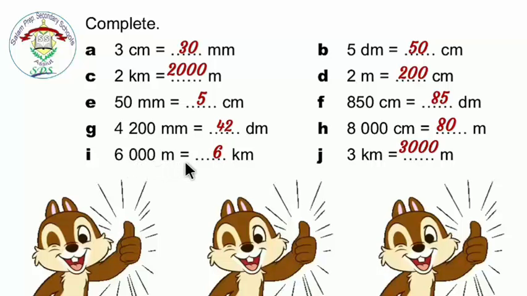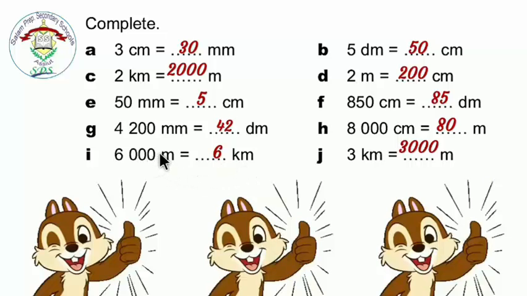6,000 meters equal 6 kilometers. You move from the small unit meter to the big unit kilometer. We remove, cancel zeros.